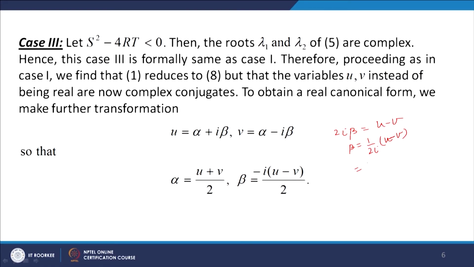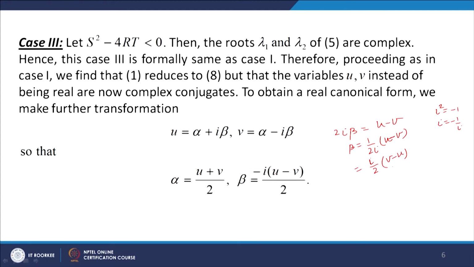So we get U minus V is equal to 2i beta, and beta is equal to 1 by 2i times (U minus V), which is i by 2 into (V minus U). 1 over i is minus i.